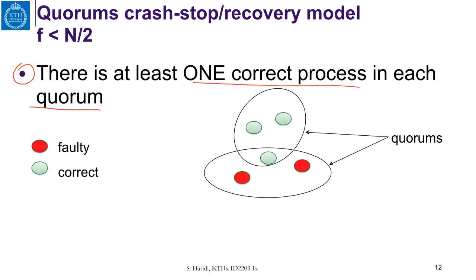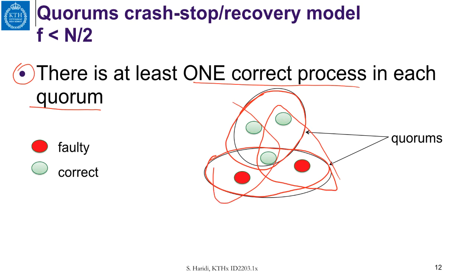The next property is quite interesting, which is that there is at least one correct process in each quorum. So let us look here. This quorum has one correct process. This quorum has one correct process. And you see, this quorum has at least one correct process, and this quorum has at least one correct process.